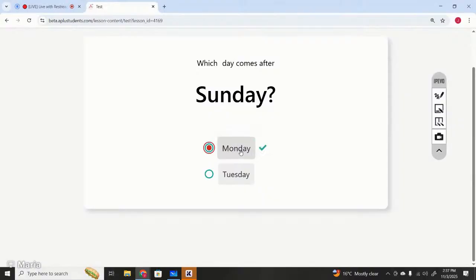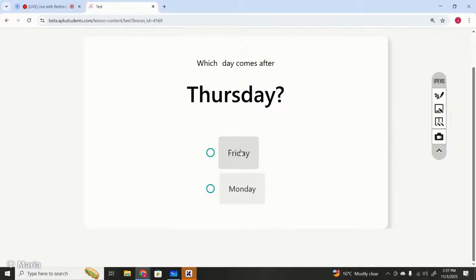Option number one is the correct option. Which day comes after Thursday?